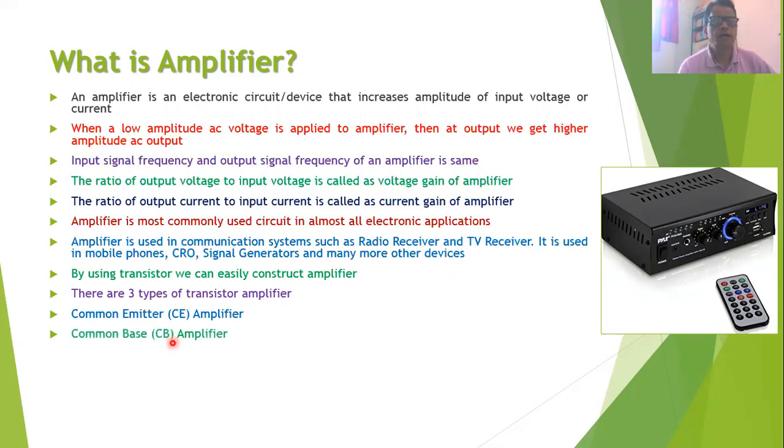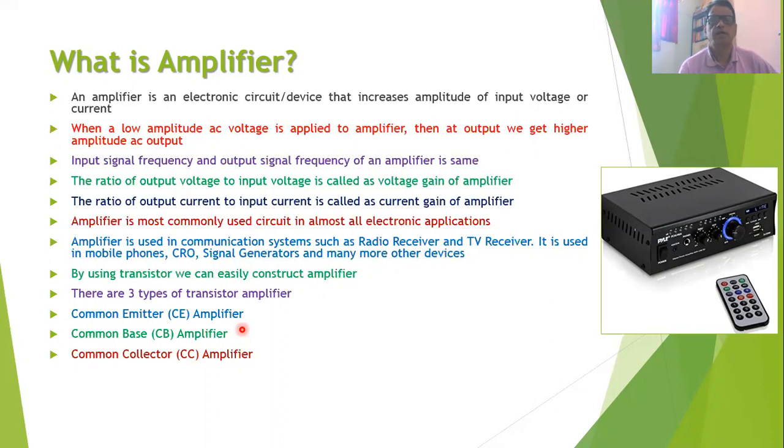The second one is the common base amplifier or CB amplifier. And the third one is the common collector amplifier or CC amplifier. These are the most commonly used types of amplifier: CE, CB, and CC. And in this session, we are going to discuss this CE amplifier.